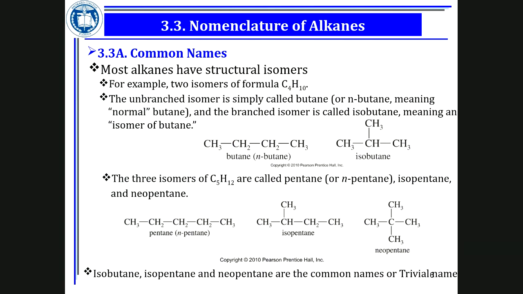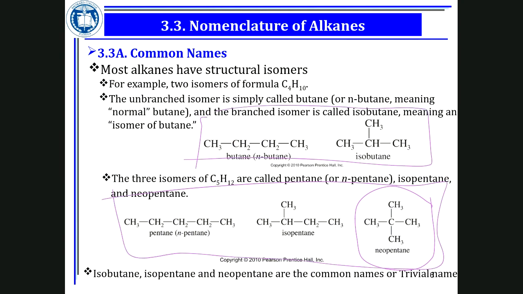IUPAC, the same thing. They came up with the rules and said, okay, we cannot keep just coming up with new names, because if you have 2 isomers for 4 carbon, now you have 3 isomers for 5 carbon. If you have 6 carbon, the number of isomers is going to increase.